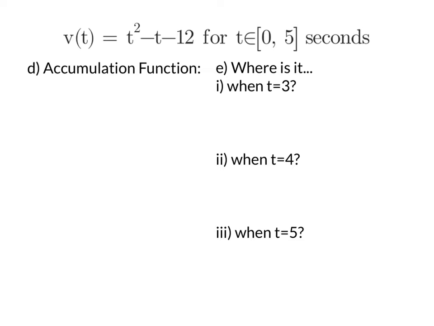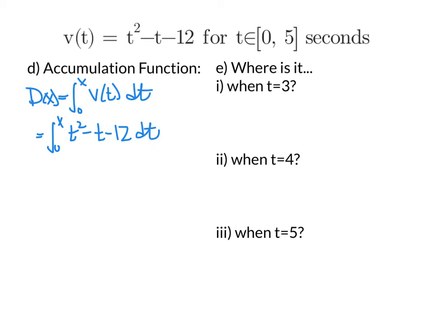So let's find the accumulation function for this situation. The accumulation function is going to be the integral from 0 to x of the velocity function. So that's going to be the integral of t² - t - 12 dt.